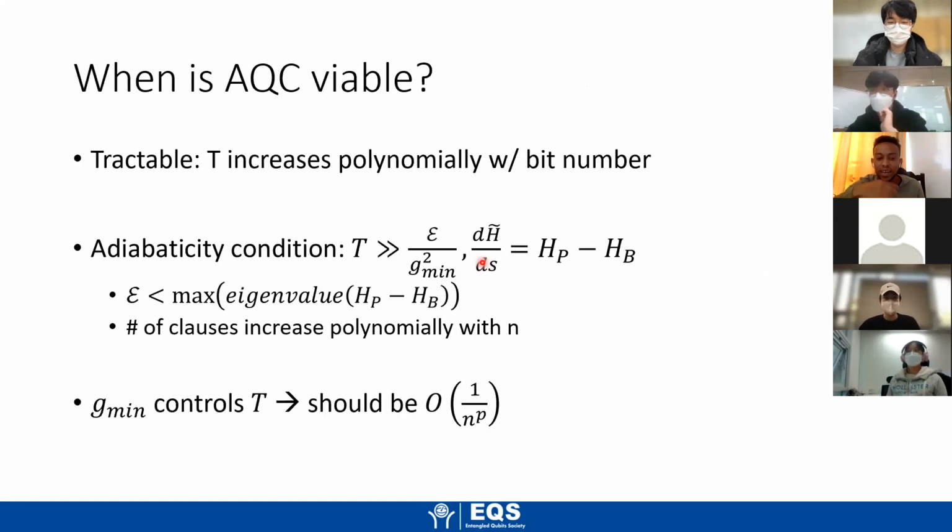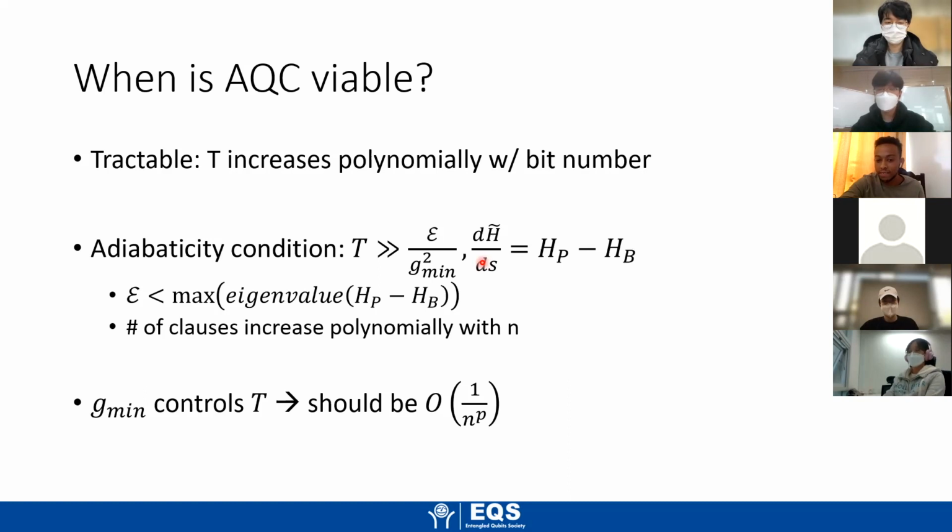You say that the whole algorithm runs in polynomial time, right? But as you discussed, we determine the value of T by the energy difference between the two lower energy states, right? How do you relate it with the size of the problem?